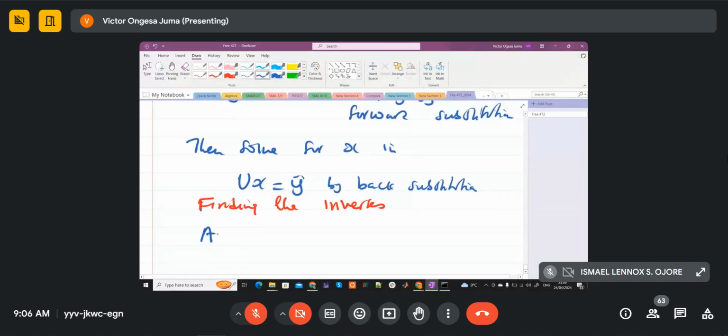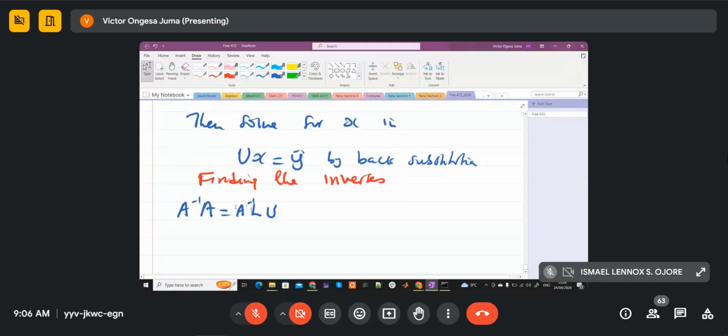We know that A is the same as LU, right? I can multiply by A inverse on either side. You know that a matrix multiplied by its inverse gives you the identity, the same as A inverse LU.